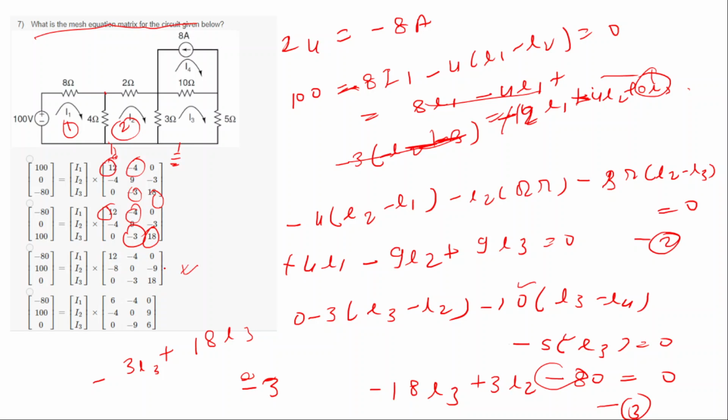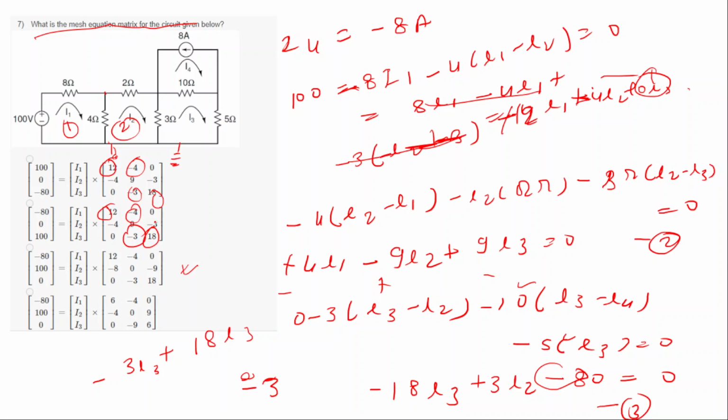So these first three equations may be correct, and then we can match from the third equation. To match this we can multiply by a negative sign, so it will be minus 4, 9, minus 3.